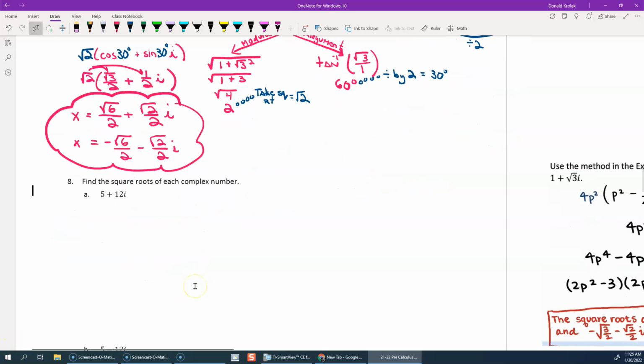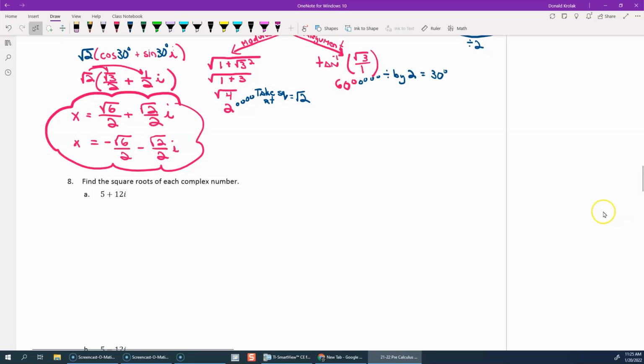Okay, all right. Let's see if we can streamline this now. Okay, so let's start with 5 plus 12i. Okay, let's do its modulus. This would be 5 squared plus 12 squared, and that ends up being 13.